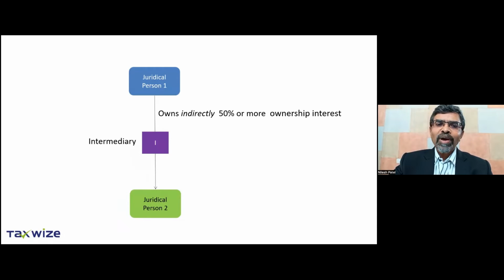This is a case where the first juridical person owns indirectly through an intermediary 50% or more ownership interest in the other juridical person. As I said earlier, a juridical person can be a company, a partnership, a joint venture, an association of persons.